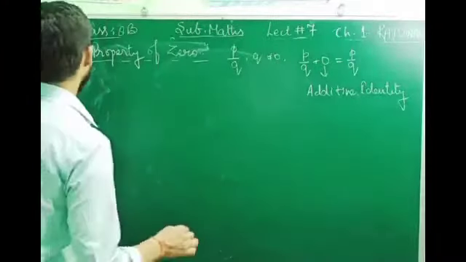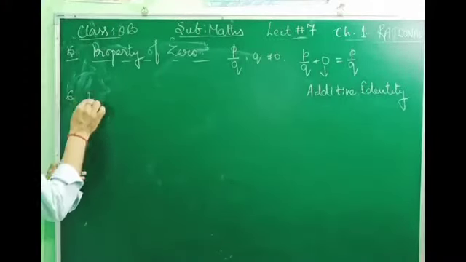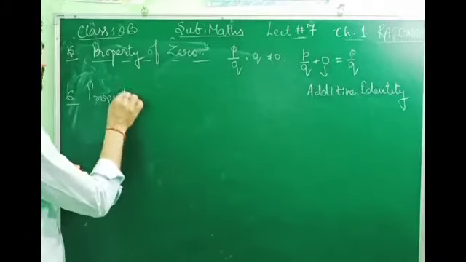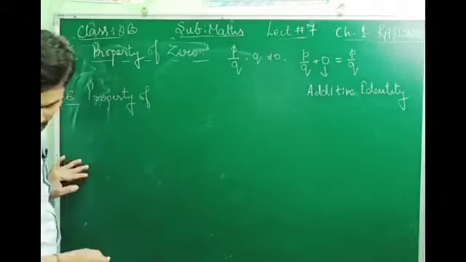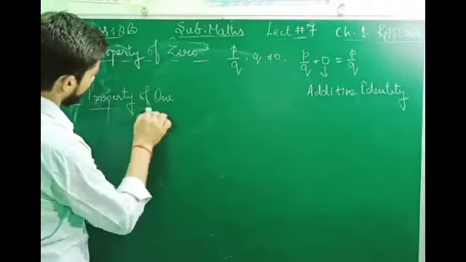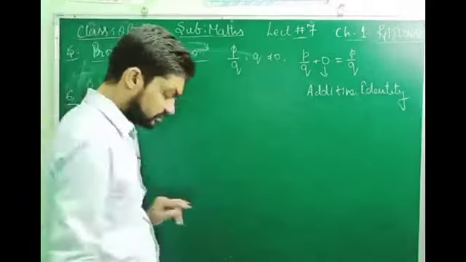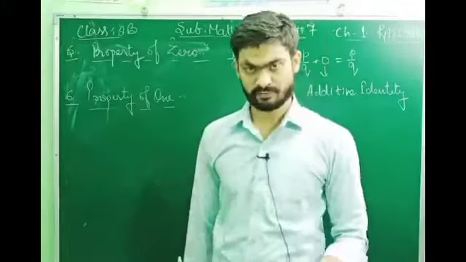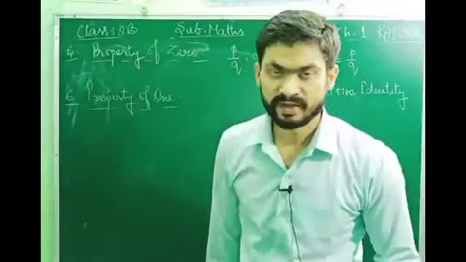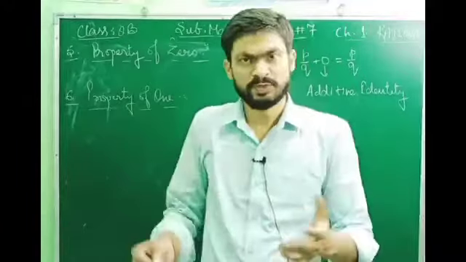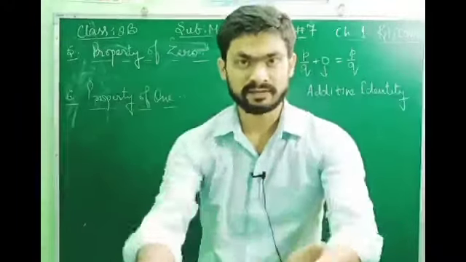Similarly, next is the property of 1. I am going to ask you a very tough question. Can you answer me? What is 10 ones? You will say very simple, sir, it is 10.